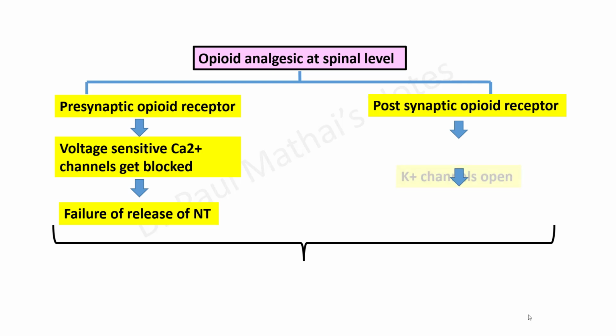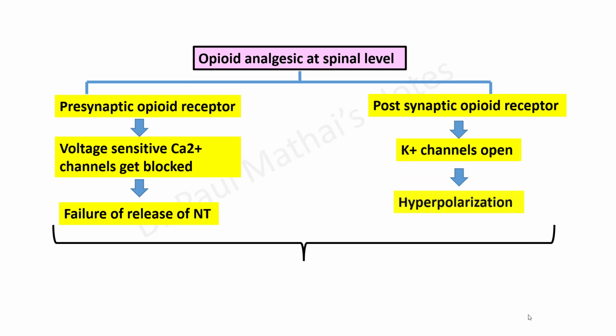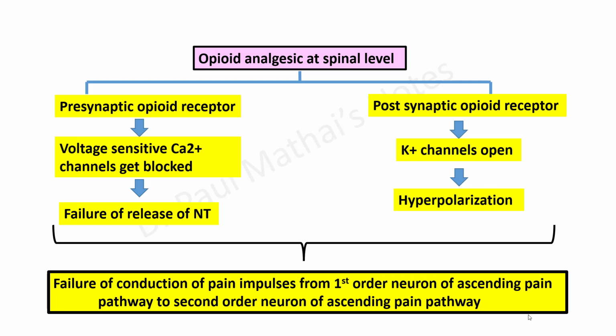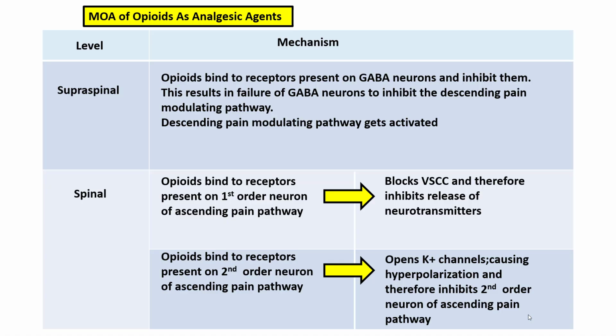It will also result in the opening of potassium channels on the second order neuron of the ascending pain pathway. And the ultimate result is failure of conduction of pain impulses from the first order neuron of the ascending pain pathway to the second order neuron of the ascending pain pathway.